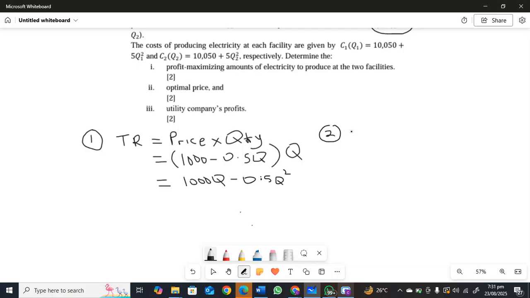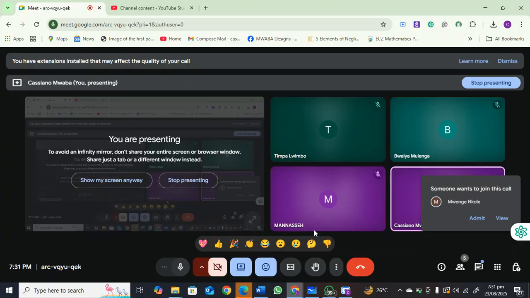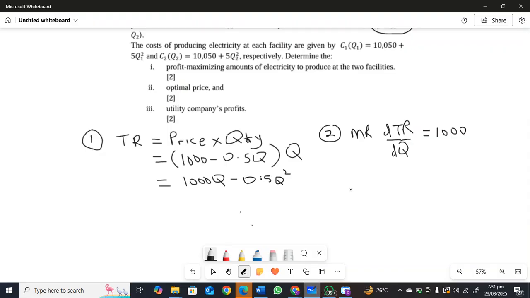Remember, marginal revenue is the derivative of total revenue, deriving the total revenue function with respect to Q. So if we derive 1000 Q, it becomes 1000 minus, here you're going to say 2 times 0.5, that is 1.